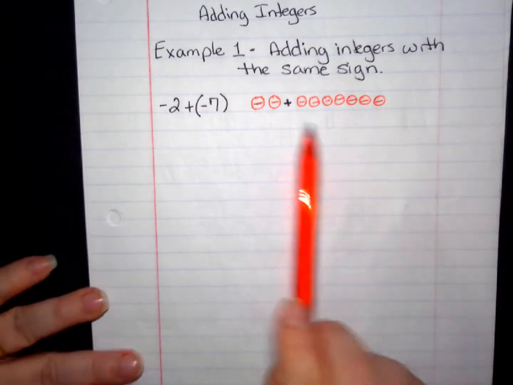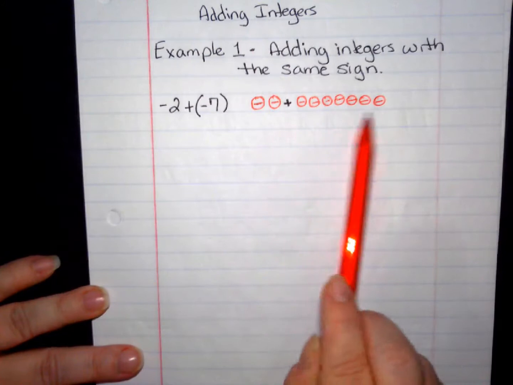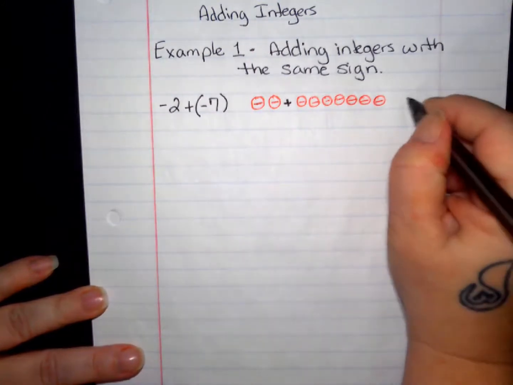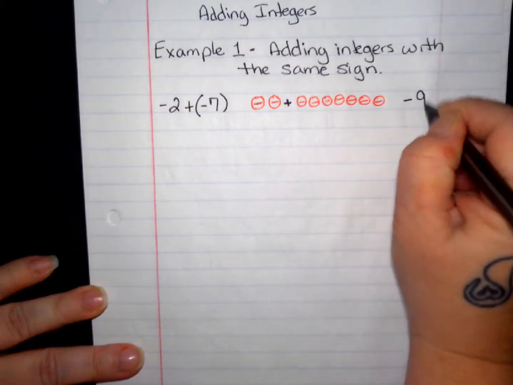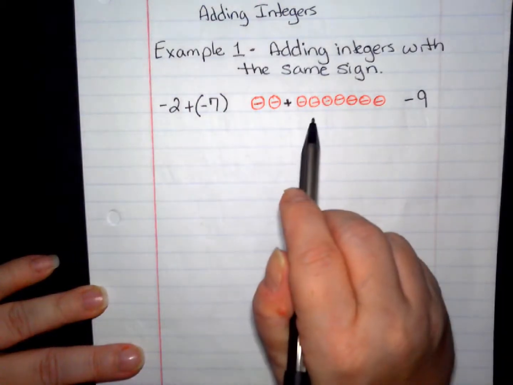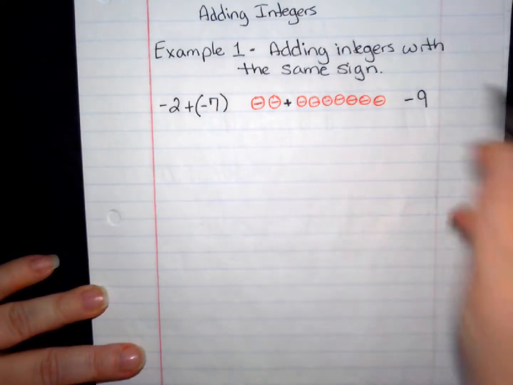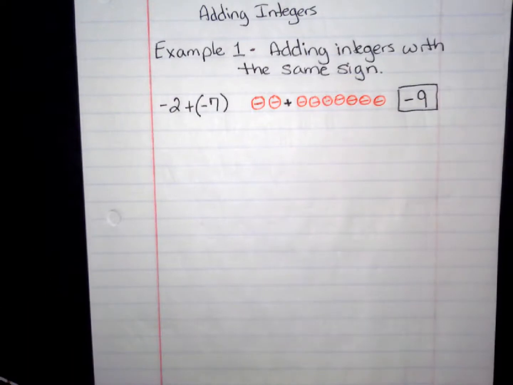And since they are all negative, notice they're all negative, my answer is going to become -9 because I added 2 negatives to 7 negatives, or 2 reds to 7 reds, okay? So my answer becomes -9. All right.